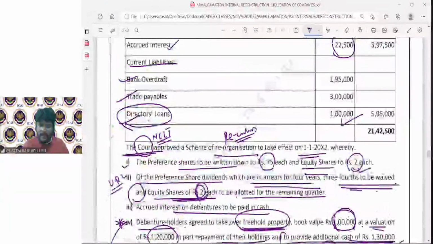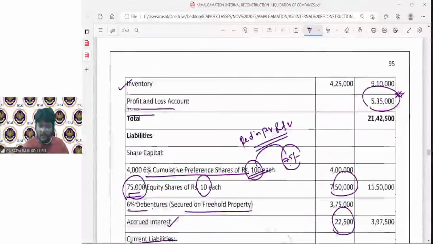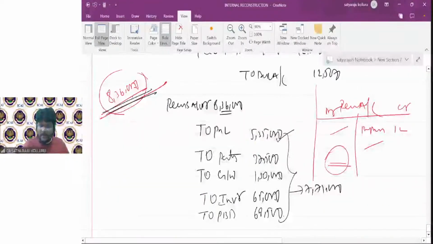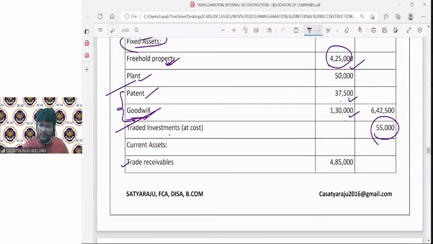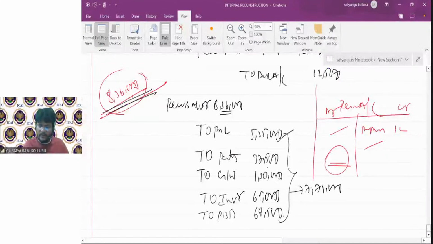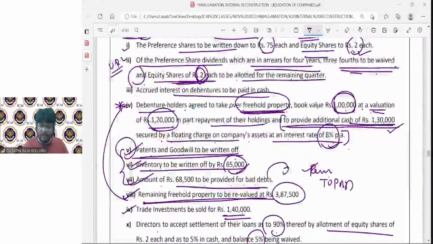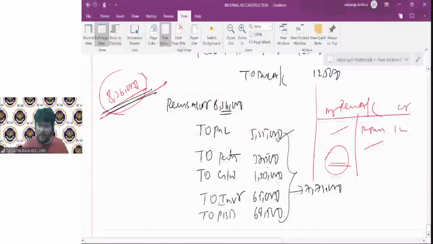I correctly made it, right? One more time, I'm cross verifying. P&L 5,35,000. Patents 37,500. Goodwill 1,30,000. Inventory was decreased by 65,000. 68,500 is provided for bad debts.